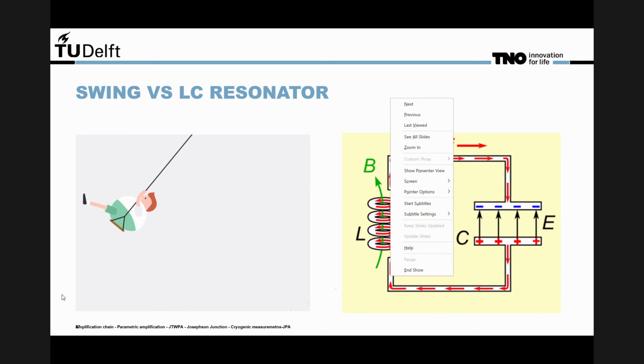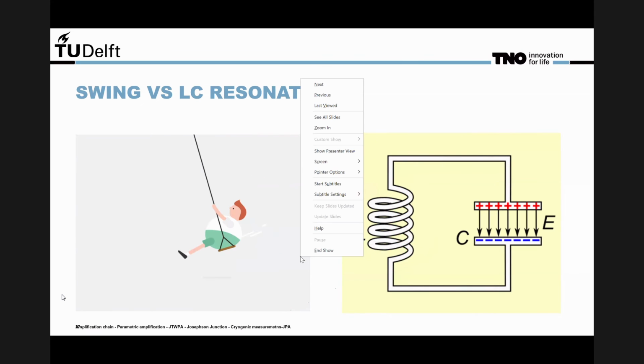The dance between the magnetic field and the electric field is quite similar to the dance between the potential energy and the kinetic energy shown in the swing example. Did I answer your question clearly?